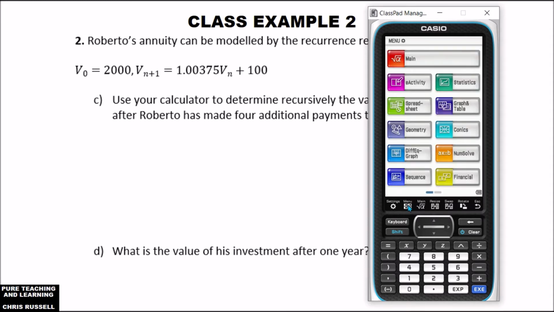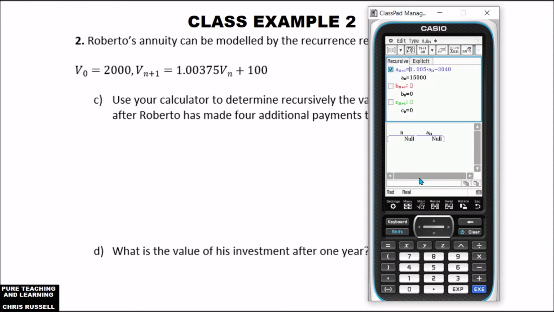First, we go to Sequence, we clear all, and we simply type in our recurrence relation. Remember, An is in the same context of Vn.